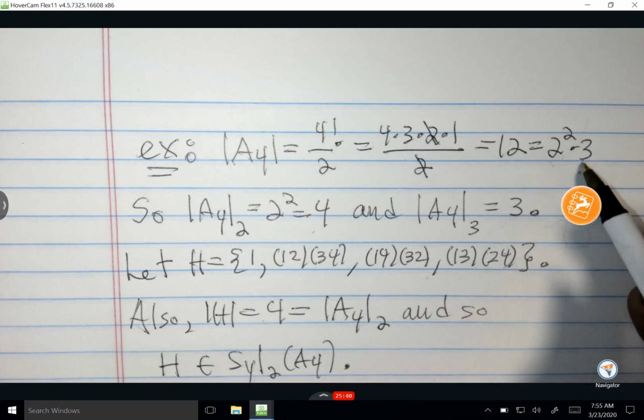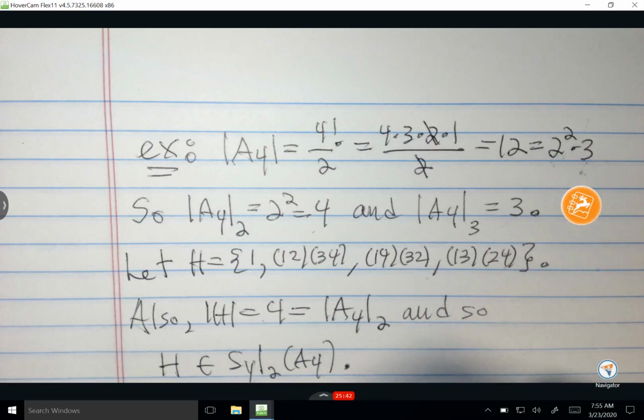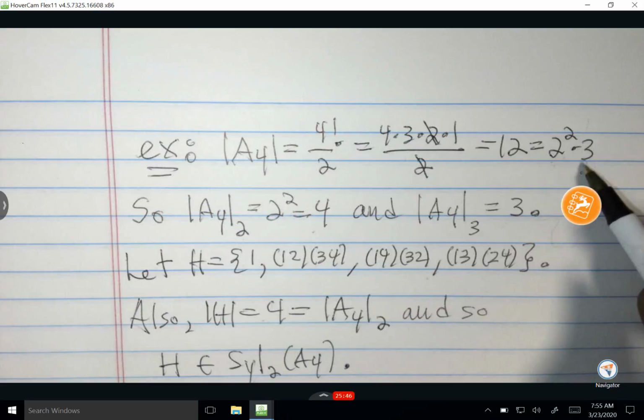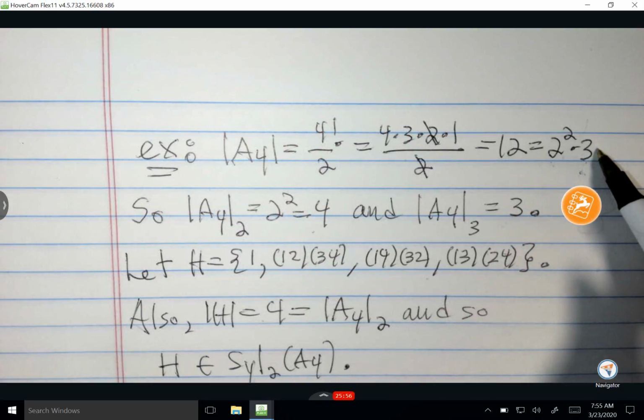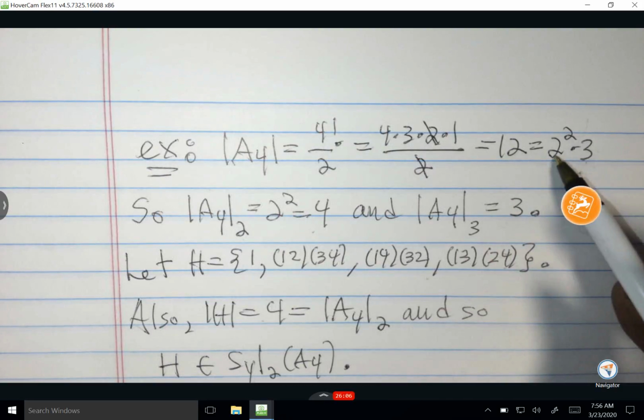And we found a Sylow 3 subgroup, the cyclic subgroup generated by (1 2 3). Okay, follow the pen. And in S3 we found Sylow subgroups. Let's take a prime that is not in the order of A4 and see if A4 would have a Sylow P subgroup for that prime. How about 5? So you don't see a 5 here, right?